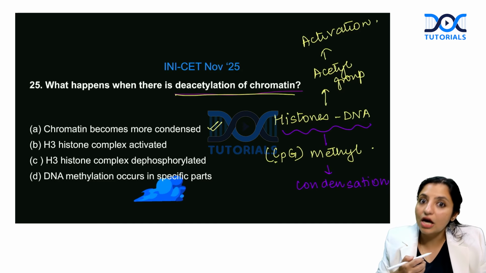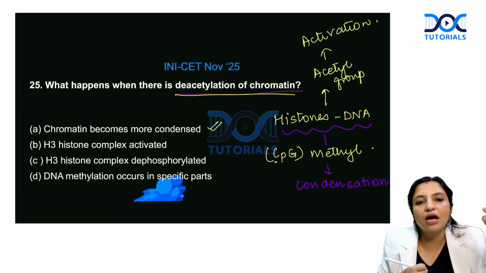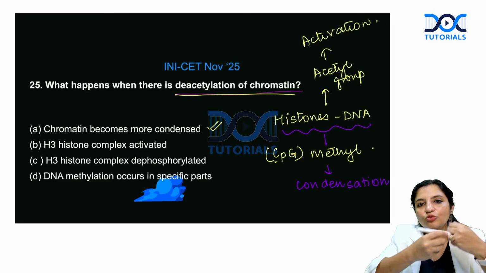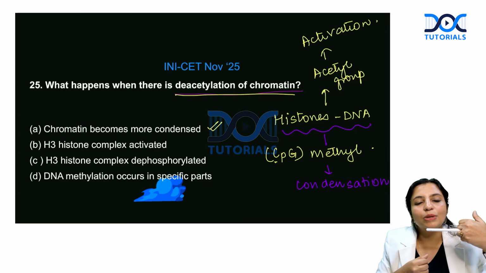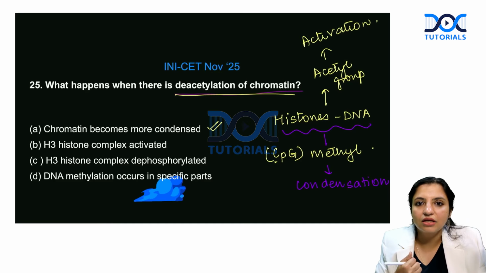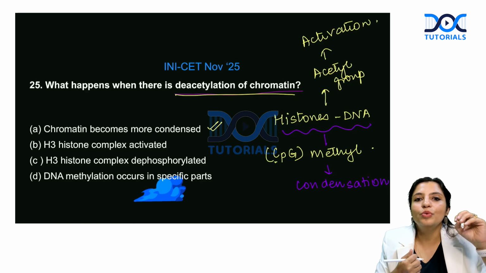We have a lot of drugs in the market which do the same. We have DNA methyltransferases, which will attach a methyl group to the defective gene and it will get inactivated. Azacitidine is a very common drug which does this, used for MDS and acute myeloid leukemia.